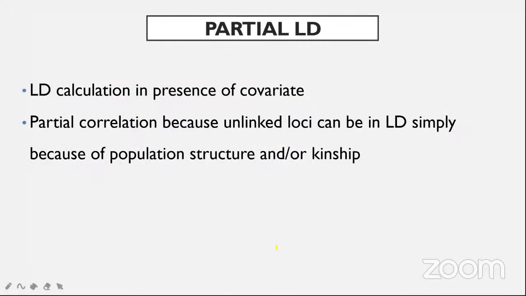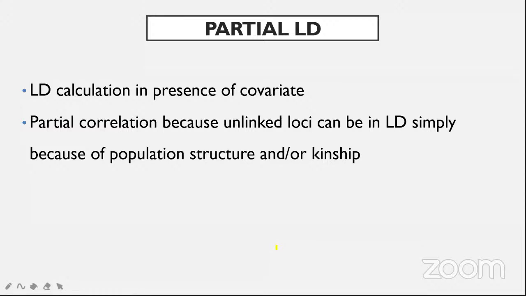For calculation purposes, we might use another measure called partial LD. Since LD is nothing but the squared correlation, we could use some covariates when calculating a correlation coefficient, and when we square that value, we call it partial LD. So basically, we're including covariates. Covariates are other factors that are not directly responsible but that affect the trait.